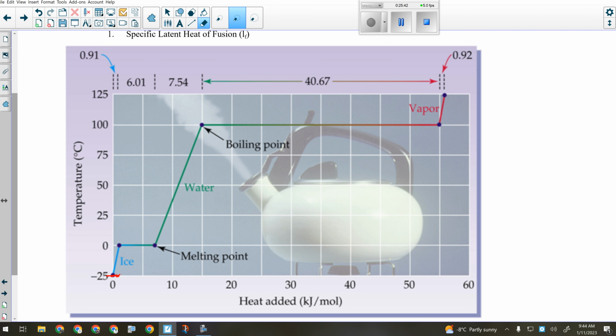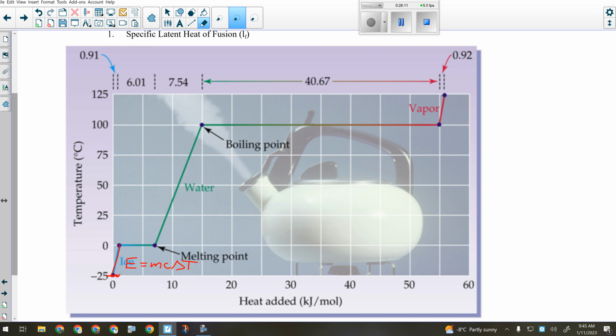Now, in this part of the graph, as we said, the kinetic thermal energy and thus the temperature is changing. We have a formula that will calculate how much energy would be required for that to happen. That's the one we talked about on Monday, E equals mc delta T. That calculates the change in kinetic thermal energy.